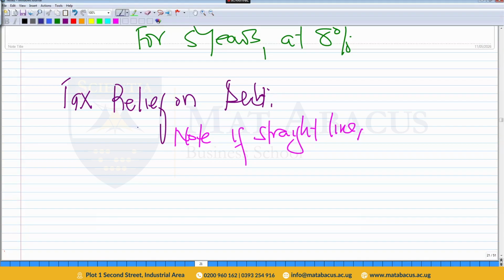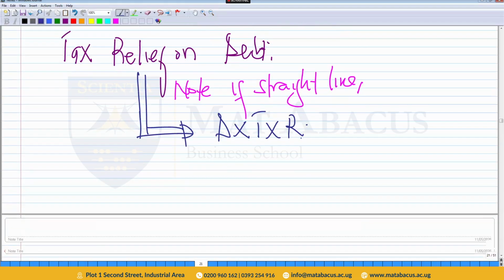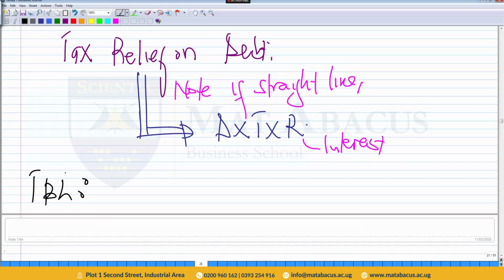So in that case, tax relief on debt, if straight line, it is simply DTR. In other words, you get the interest. This is the coupon interest. To get the interest, subject it to tax. So on TBL, the tax relief on TBL, I'm aware the loan of TBL is actually 1,700.